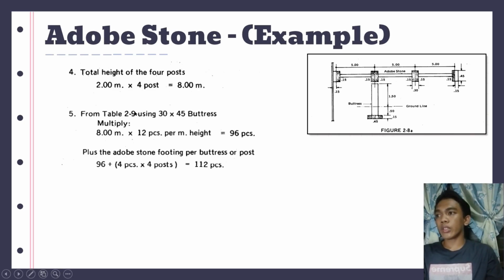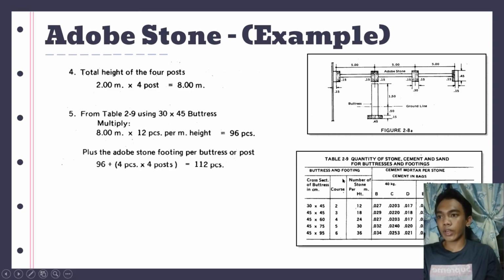Now from table 2.9, using 30 by 45 buttress, we need to multiply 8 by 12 pieces, which is 12 pieces per meter of height. So we need 96 pieces from the bottom up to the top of the post or our buttress. We need 96 pieces of that.